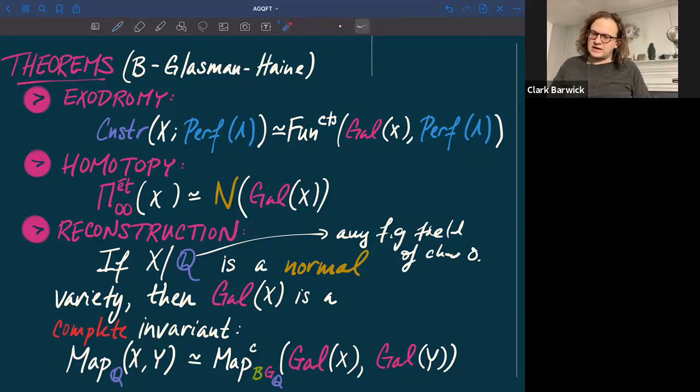If I take a normal variety over Q, then Gal_X is actually a complete invariant. It's complete in the following sense: there's a fully faithful functor. The assignment of X to Gal_X is a fully faithful functor from these normal varieties over Q to profinite stratified spaces over BG_Q. And the maps that I have to use, however, have to send closed points to closed points, or sort of closed subsets to closed subsets.